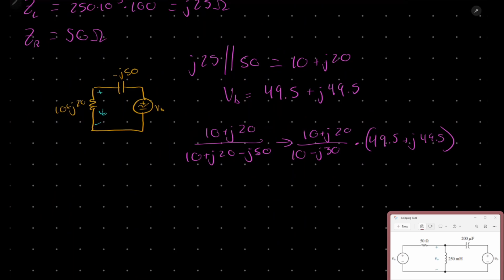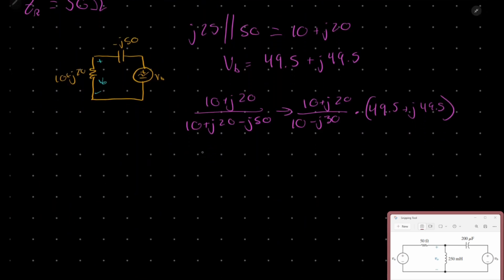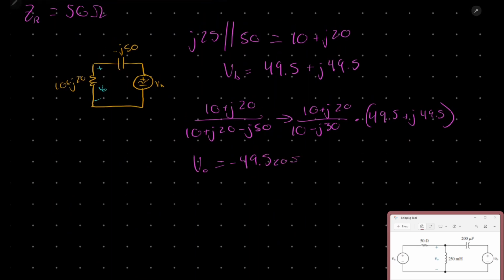So when we do this calculation, we end up with a real value. So Vo would be negative 49.5 cosine 100t.